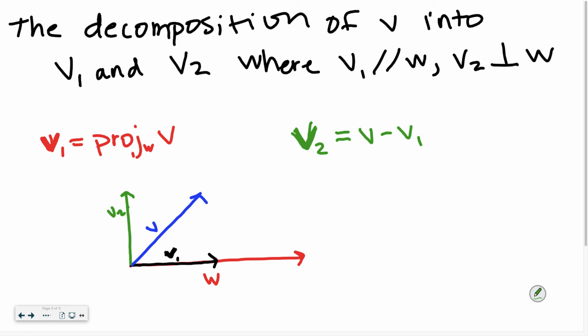Okay, now, here is V. If I take V1 and make it opposite, those connect, right? So V minus V1. If you take V and subtract out the projection vector, boom, we have the perpendicular vector.